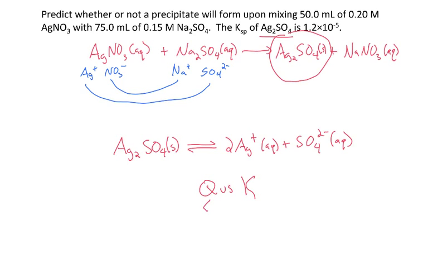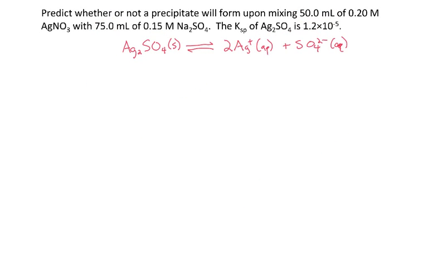If the reaction goes to the left, then I'm forming more reactants and a precipitate will form. If the reaction goes to the right, then my solution is not saturated and I can dissolve more silver and sulfate in the resulting solution. To calculate Q, I need the initial concentrations. I can't just use 0.2 and 0.15, because when we mix these solutions, the new solution volume will be 50 milliliters plus 75 milliliters. Let's figure out our concentrations on the next slide.